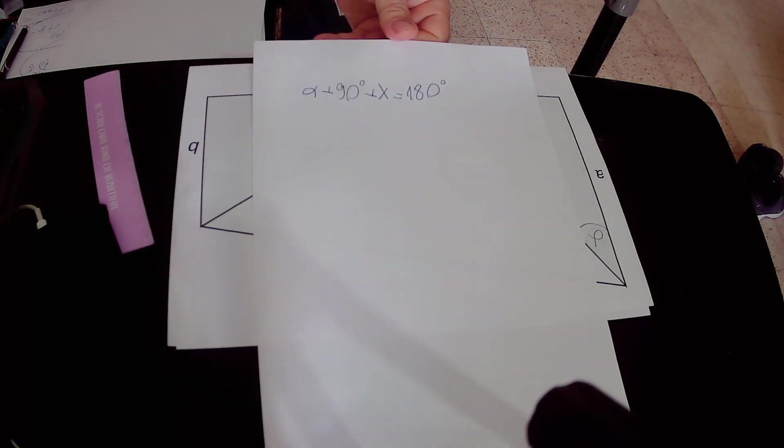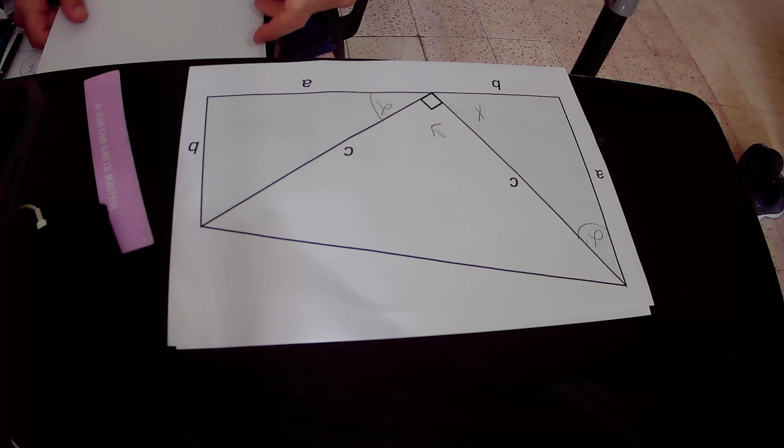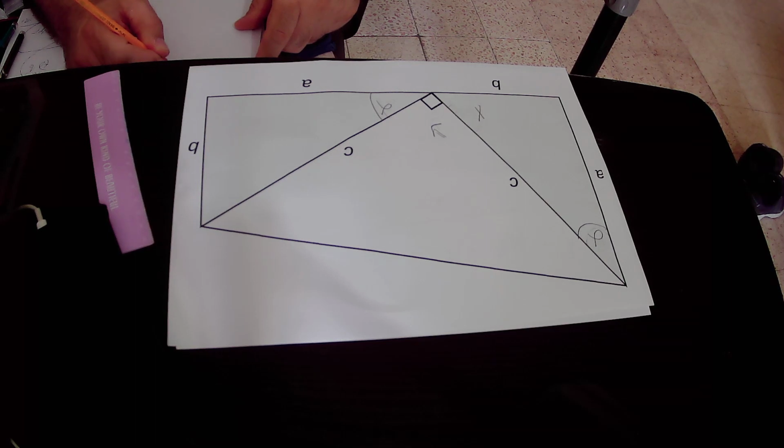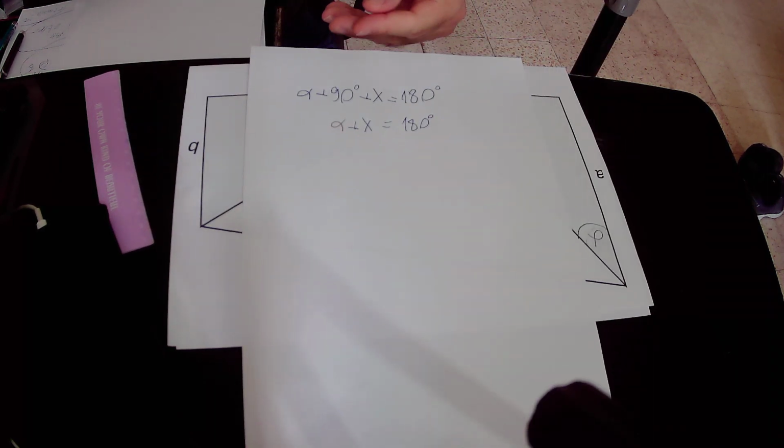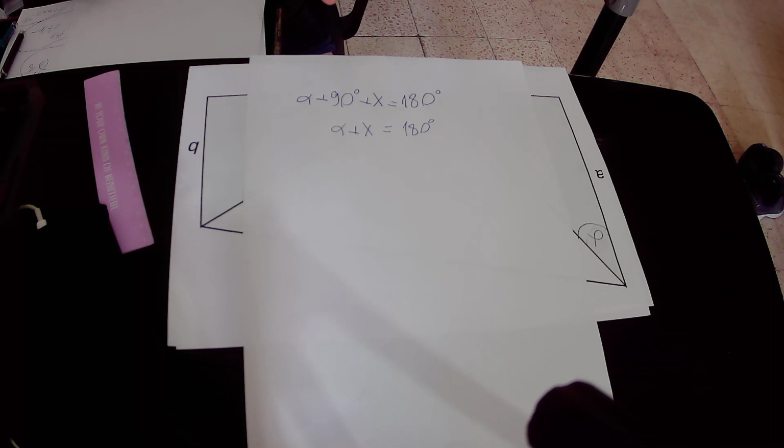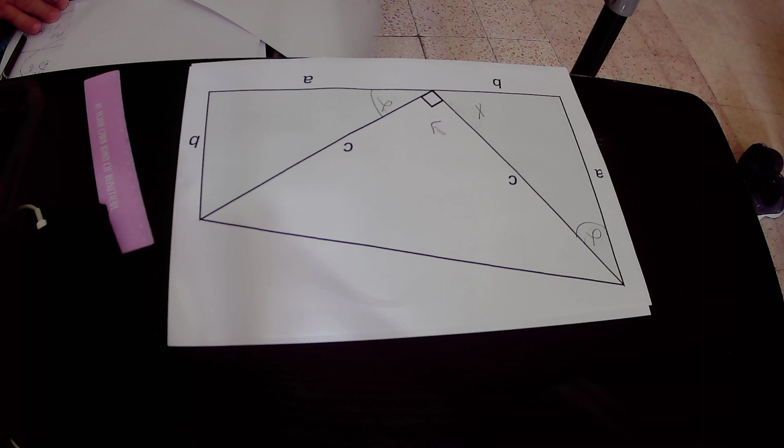So we will subtract 90 degrees from both sides of the equation. One minute, I made a mistake.